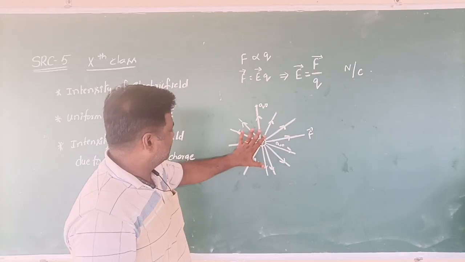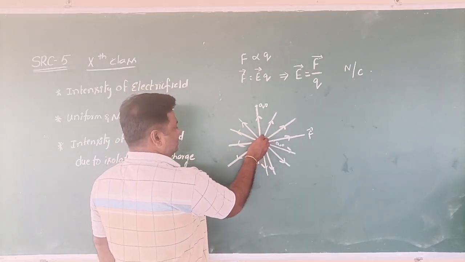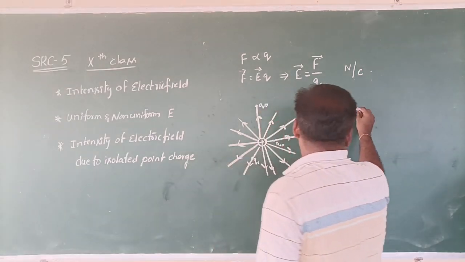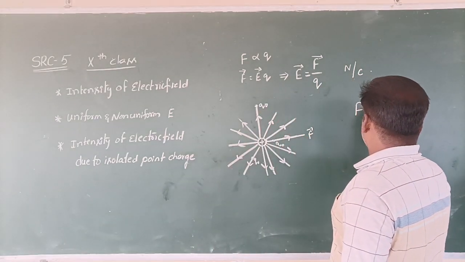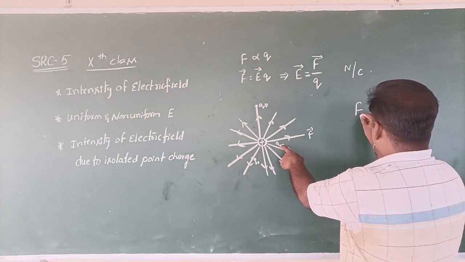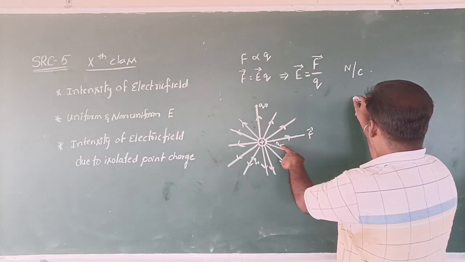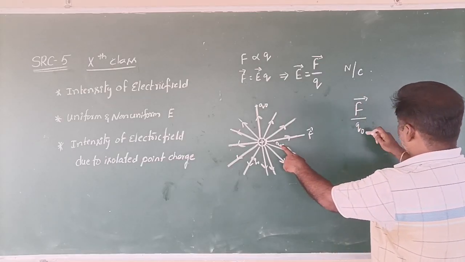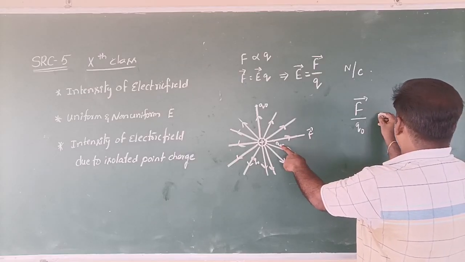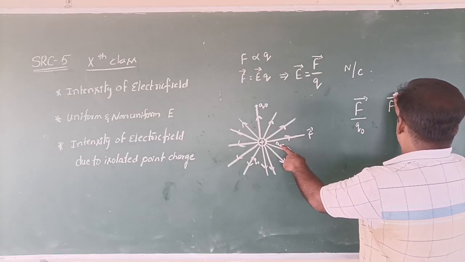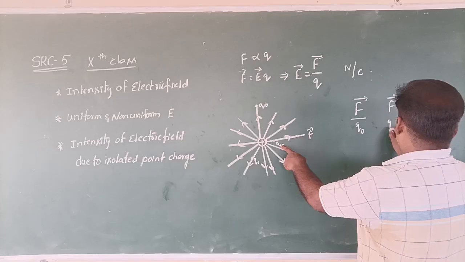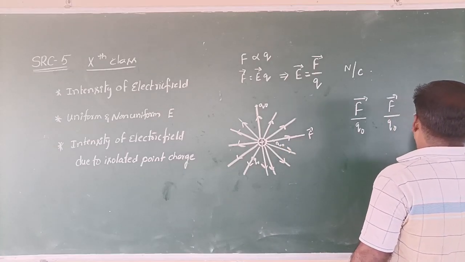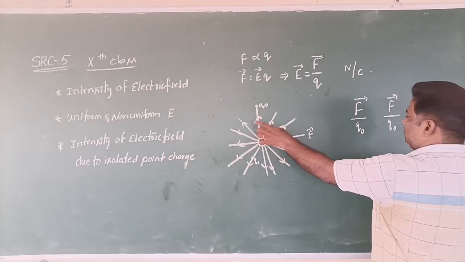So here the test charge Q naught is located in three locations. What is the force experienced? The force experienced by the first positive test charge is F bar by Q naught, and F bar by Q naught for the others. All three are positive test charges.